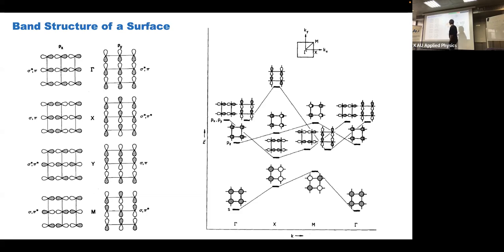Then we are going to the x point, because of this sigma bonding, it will be slightly lower in energy than gamma. Then we go to the m point. What is the m point? Here. M point, and we go back to gamma.